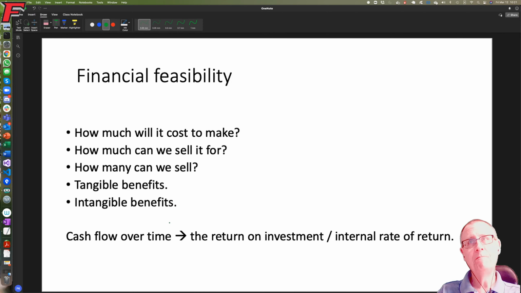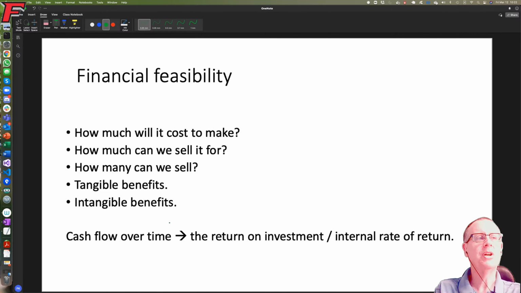So I do want you to try and go through the financial feasibility estimate and see what you think, whether the product is financially viable. For the purposes of your project, it doesn't matter whether it's financially viable or not.